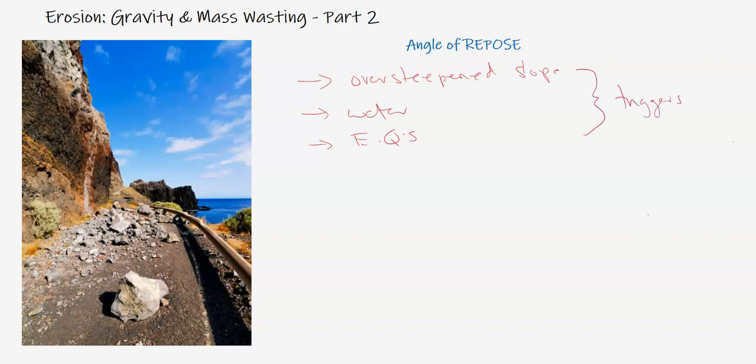And you can also link it up to the 3 factors as well, which would be the material type, the type of motion that's going to happen on that slope, failure or no failure, and obviously the speed of flow and type of flow that you'll get. So it's a nice little package to include angle of repose in all of those calculations when you're discussing gravity and mass wasting.